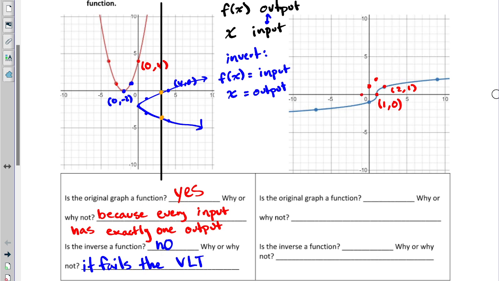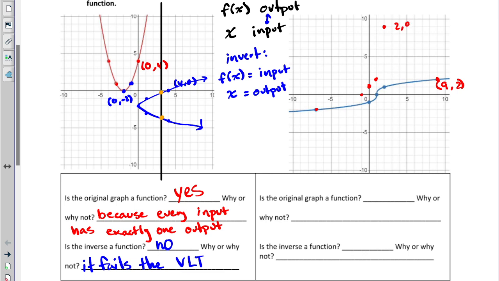Okay. So now I have my 3 middle points plotted, and I need to figure out what the shape of this thing is going to look like. This one looks to be at 9, comma 2. That means I'm going to have a point at 2, comma 9, like this.